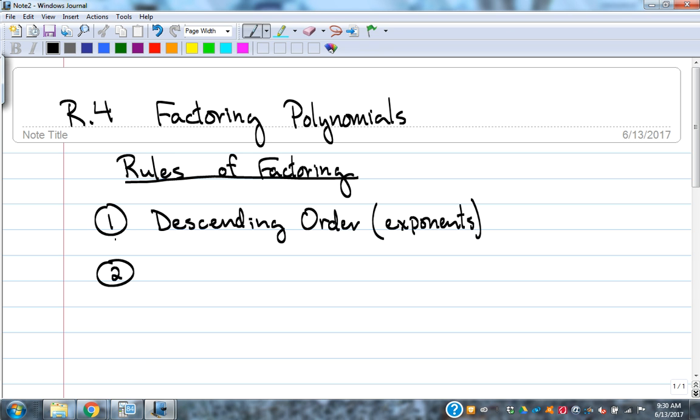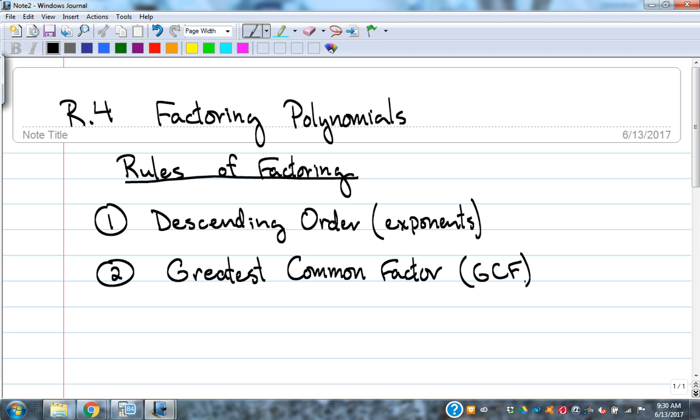The number two thing that you want to follow, if it's in descending order, the next thing you want to look for is what's called the greatest common factor. And you'll hear me call this the GCF. So greatest common factor, that's the number or variables or combination of those that everybody shares.